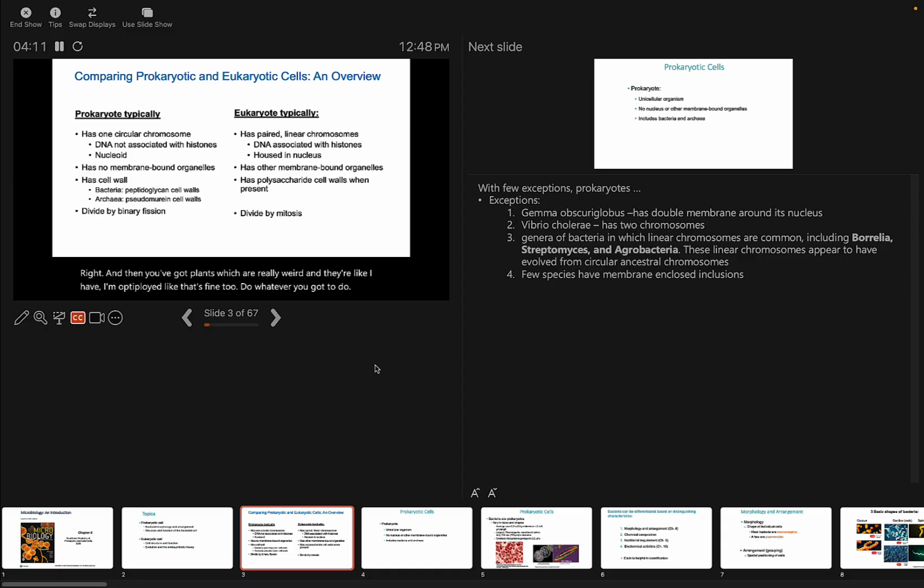Now, eukaryotes have an extra challenge when it comes to packaging their DNA, because not only does all of their DNA have to fit within the cell, it actually has to fit within the nucleus. So eukaryotes have constrained their genetic material to this organelle.